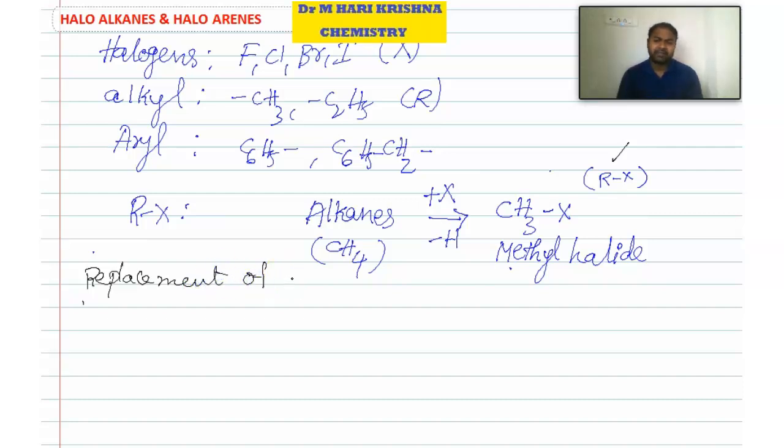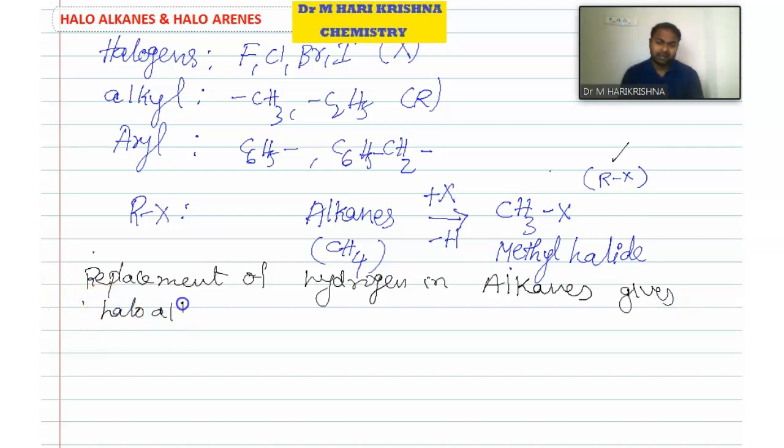Replacement of hydrogen in an alkane gives haloalkane derivatives. Here why am I calling them derivatives? If we substitute one halogen we get RX, but more than one hydrogen replacement is also possible, then we can get dihalo derivatives. So monohalo derivatives and dihalo derivatives are there.